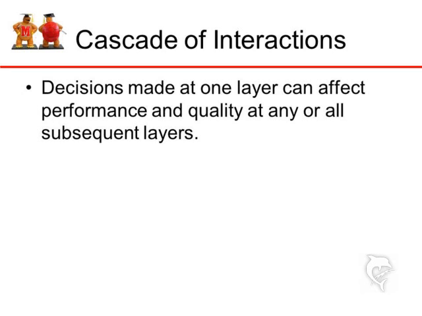Now, the last few pages of the Bates article go through several examples in some depth of how the different layers of an information system can interact. There's an activity on the discussion board that invites you to discuss these interactions, and I'll describe it on the next slide.